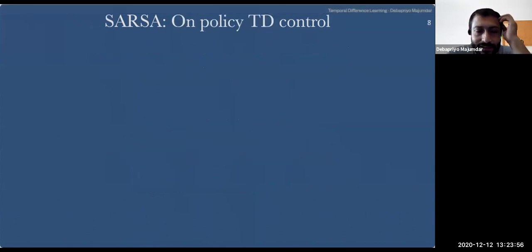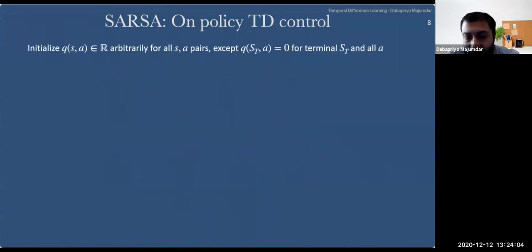Now with this, let's look at today's topic. We'll look at the on-policy TD control using SARSA. We'll do the off-policy in the next class, which will essentially be Q-learning. The on-policy TD control means we update the same policy that we are actually following or behaving. So initialize Q(S, A) arbitrarily for all state-action pairs.